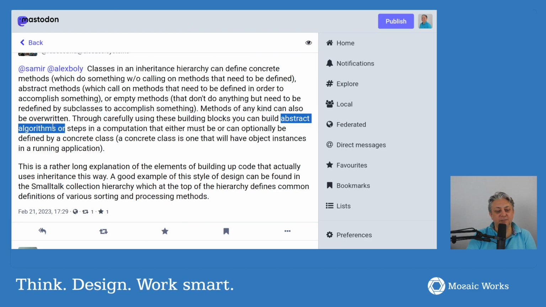Abstract algorithms, and we definitely see that even in modern types and type hierarchies and standard libraries of Java or C#, where you have the sort algorithm that applies to different types of collections, and then you have the collection class, and the collection is implemented in various different ways, and you can sort it, and some collections are sortable, and so on.